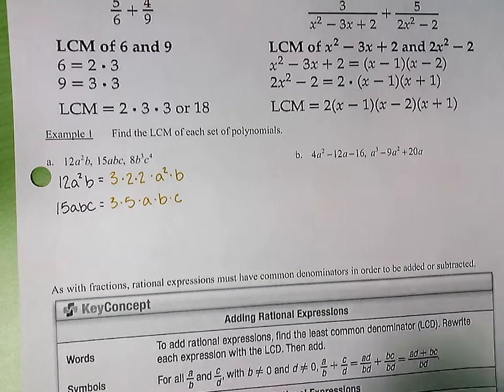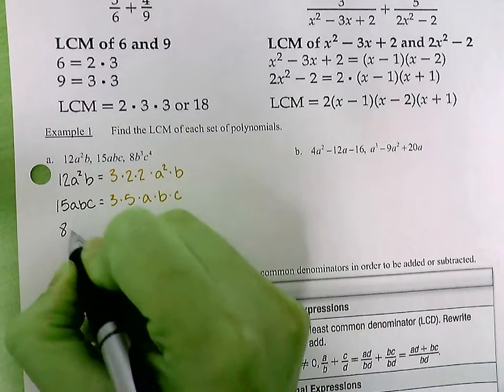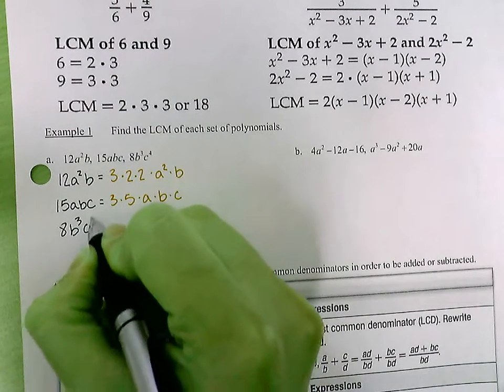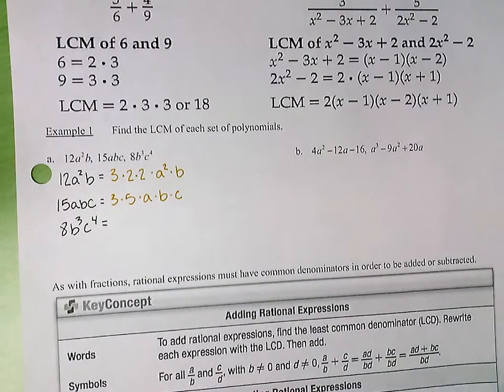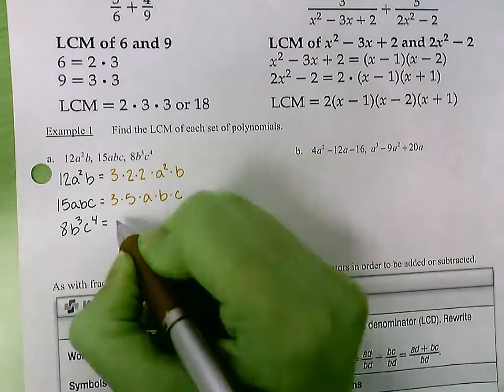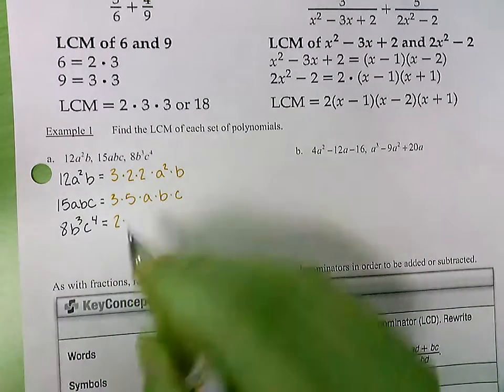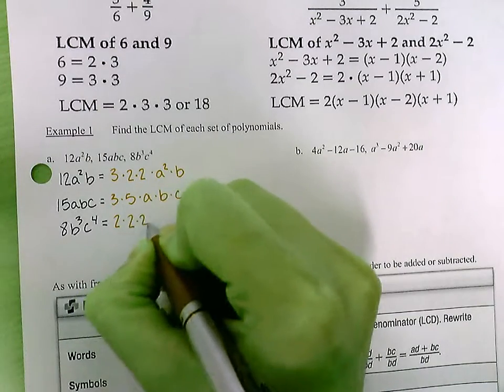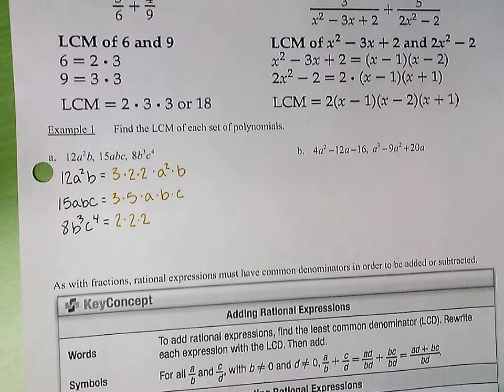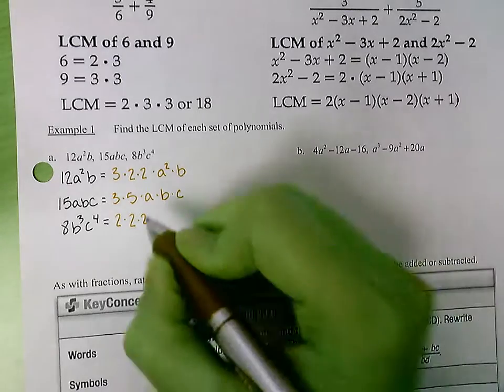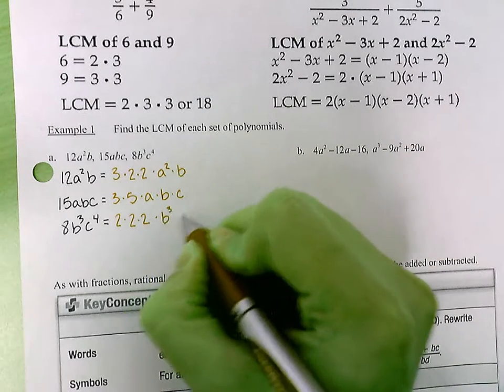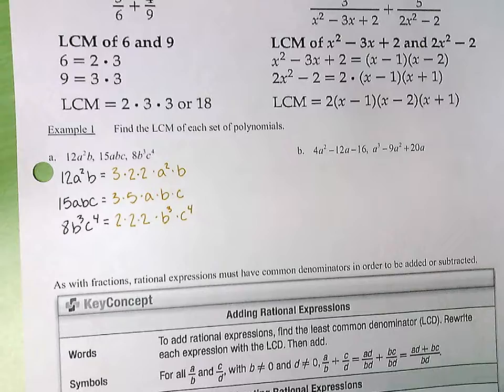The last one is 8b cubed c to the 4th. 8 can be broken down into 2 times 4, and 4 would be 2 times 2. So we have 2 times 2 times 2. And then we still have b cubed and c to the 4th.